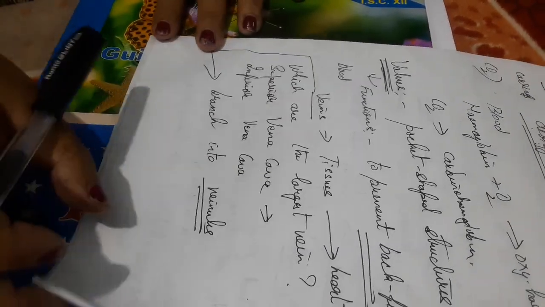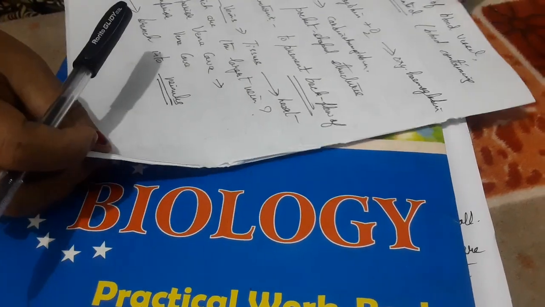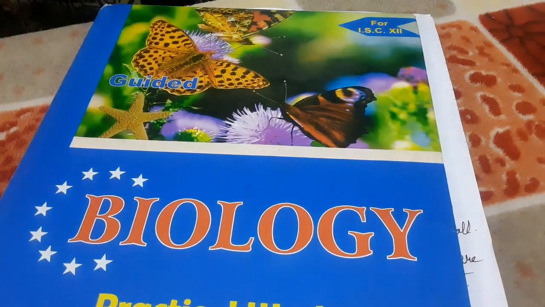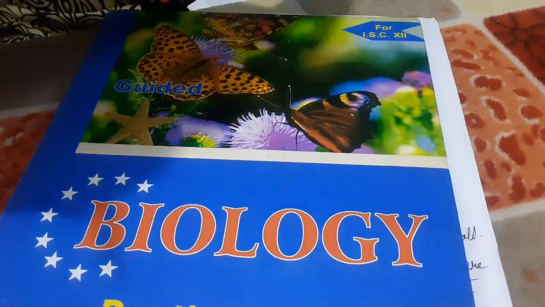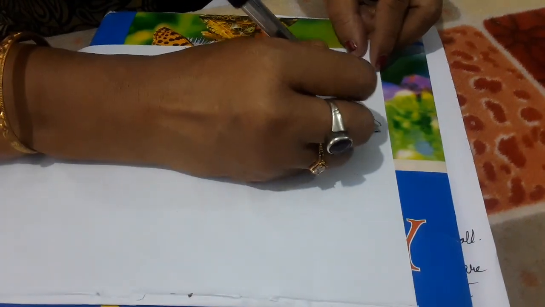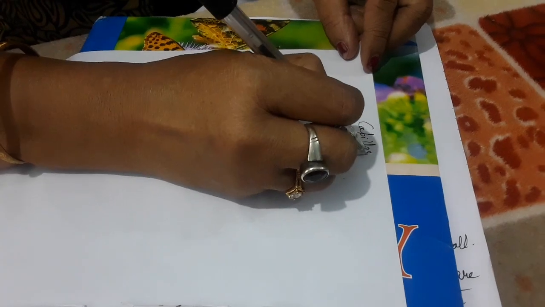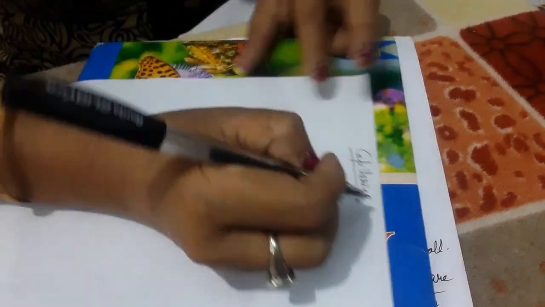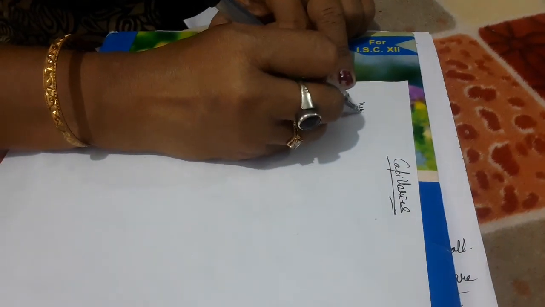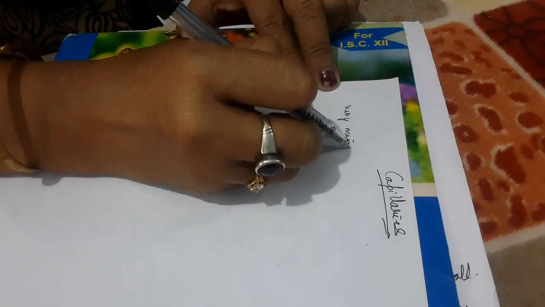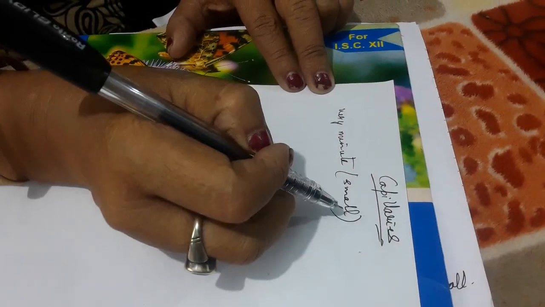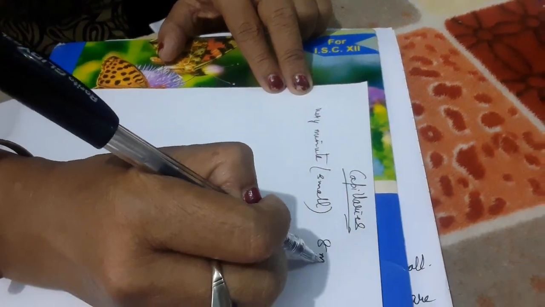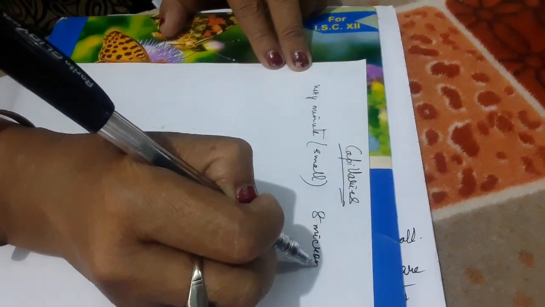Next is the capillaries. What about the capillaries? This is also another type of blood vessel which are very minute, very small. They are about 8 micrometers in diameter.